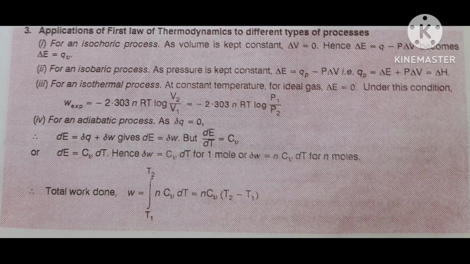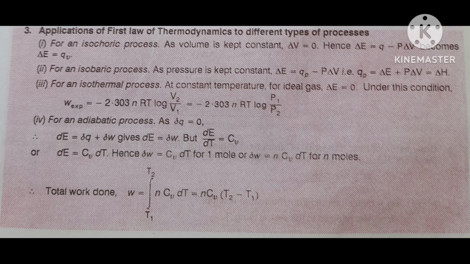Then here we know dE upon dT is equal to CV, you know. dE upon dT is equal to CV. Then what is dE? dE is equal to CV into dT, by cross multiplication.